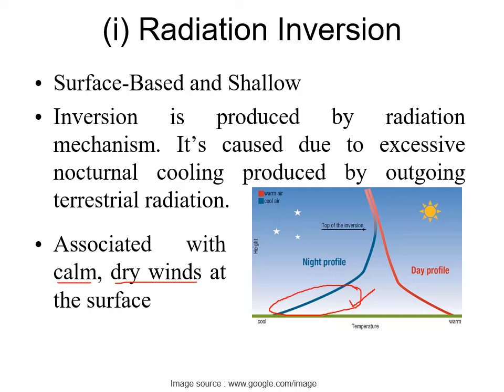And if wind was continuously blowing, then there is turbulence, and the entire atmosphere, the gas molecules, will mix up. So we would not find this type of temperature profile. So for getting this type of temperature profile, the night time should be long enough, it should be a calm condition, and the wind should be dry wind, not too much water vapor.